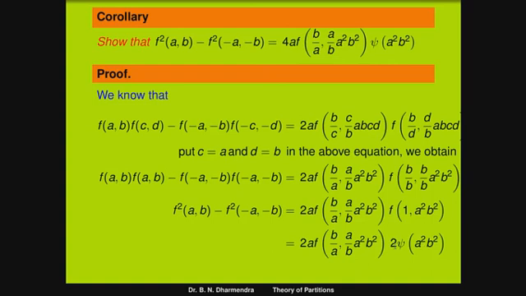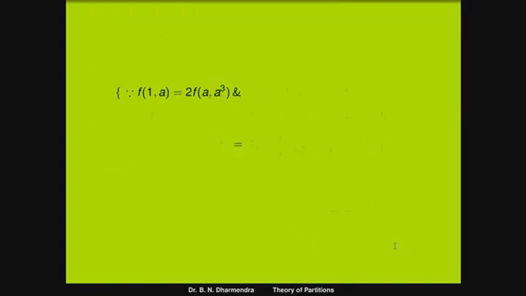And for this result, we know that f(1,a), Ramanujan's second result in terms of theta function, is equal to 2 times f(a, a cubed). And we know the second special function, the special result of Ramanujan's theta function, psi of a can be written as f(a, a cubed). So the right hand side is the same, which implies f(1,a) is equal to 2 times psi of a.